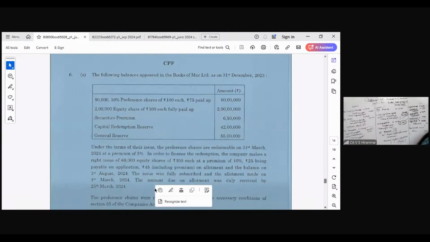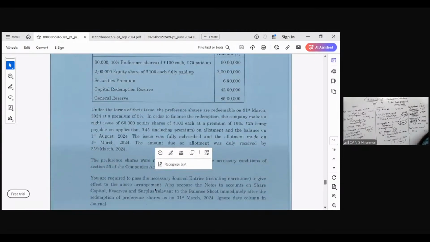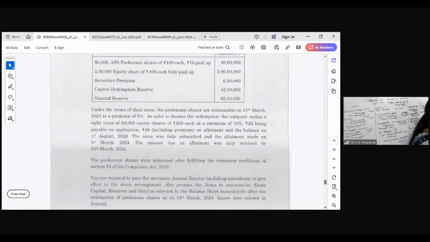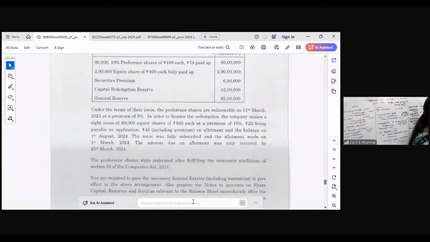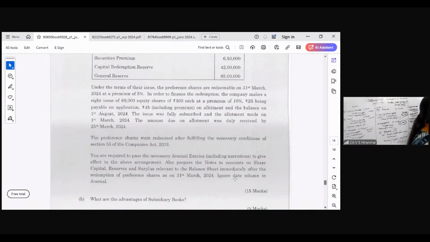What are they asking you to do? You are required to pass the necessary journal entries to give effect to the above arrangement and also prepare the notes to accounts on the share capital, reserves and surplus relevant to the balance sheet immediately after the redemption of preference shares. Ignore the date column in the journal.